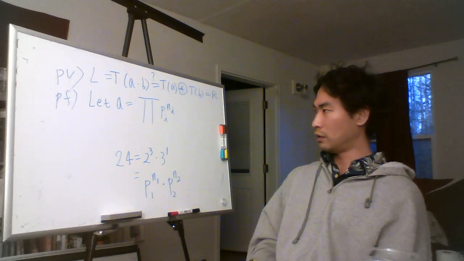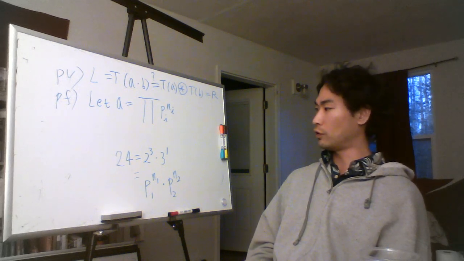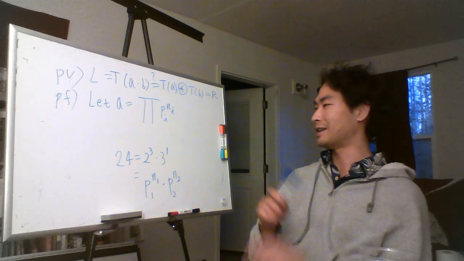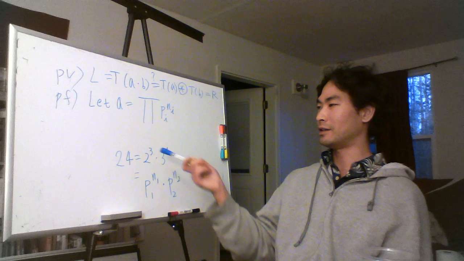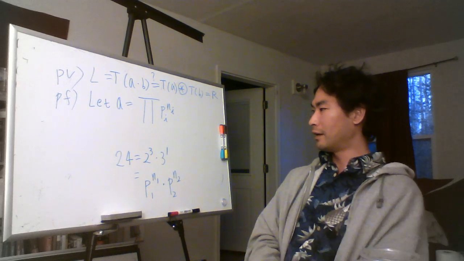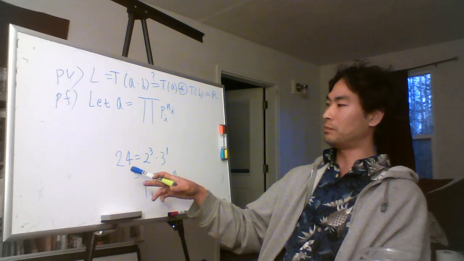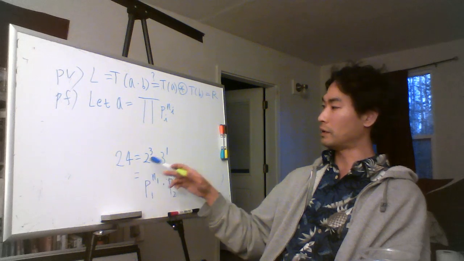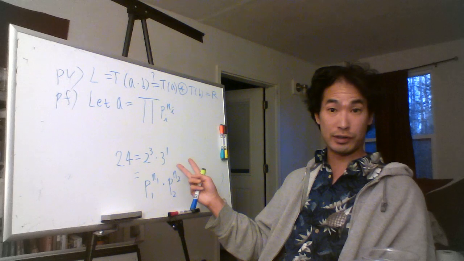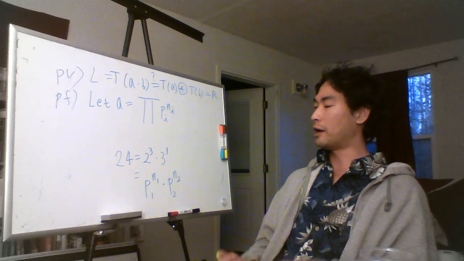So we can define a nice function here. We call it prime counting function. Well, not exactly, because that's pi, right? When we prime factor 24, so 8 times 3, there are only two kinds of prime numbers in this prime factorization, 2 and 3.